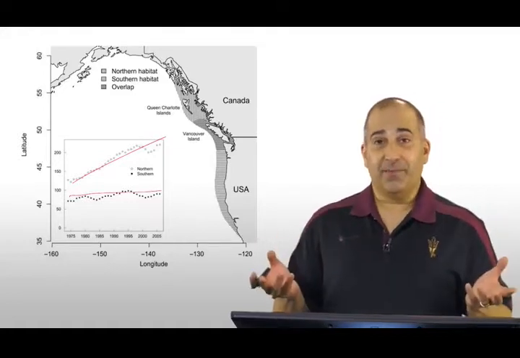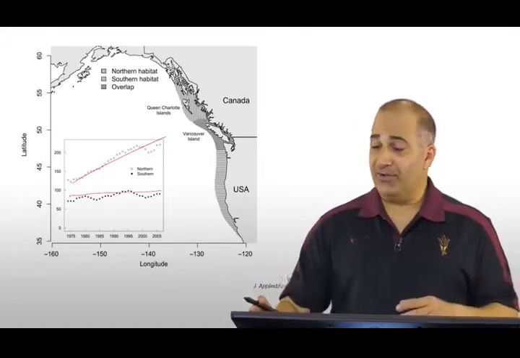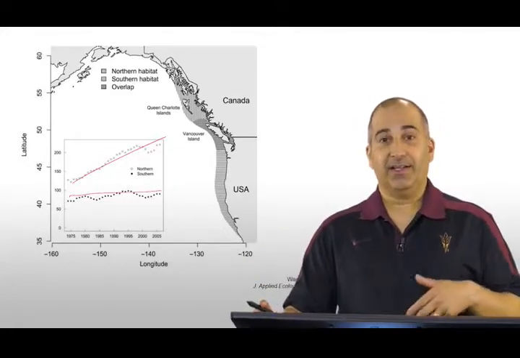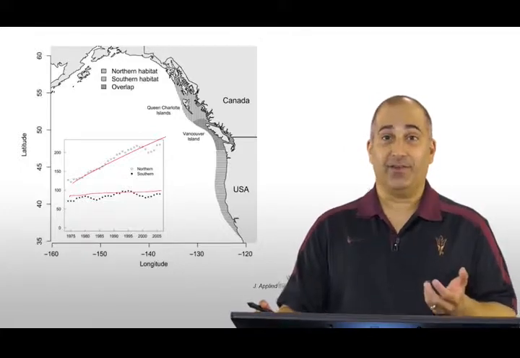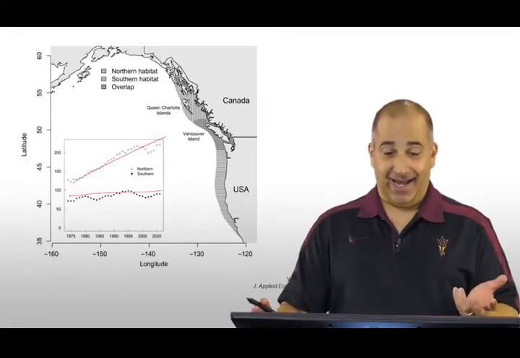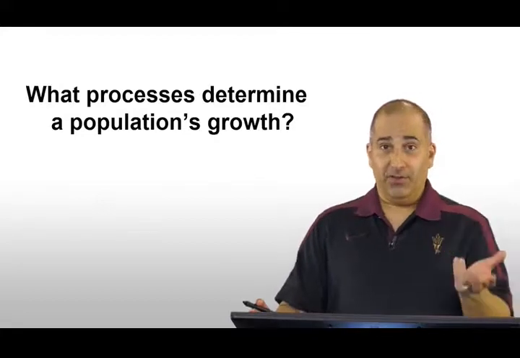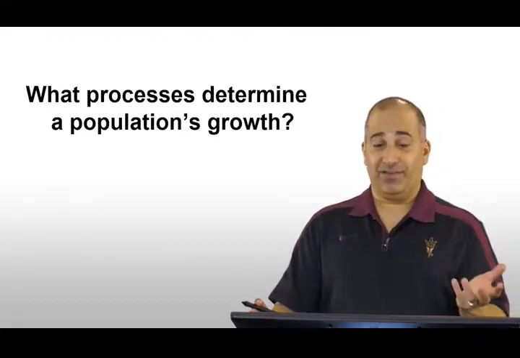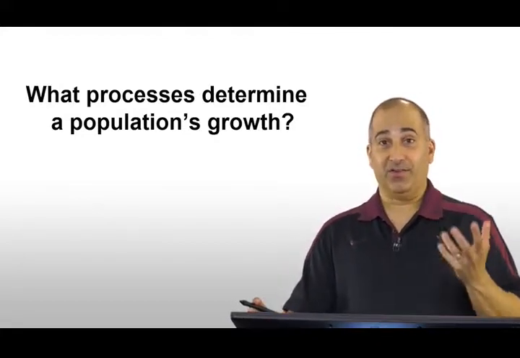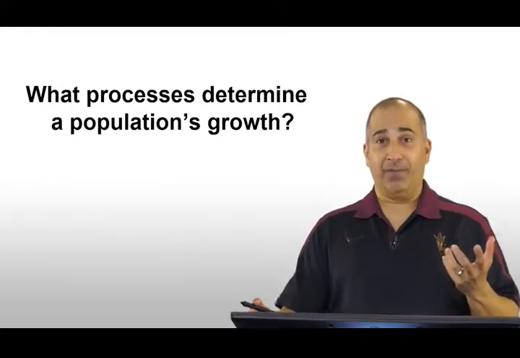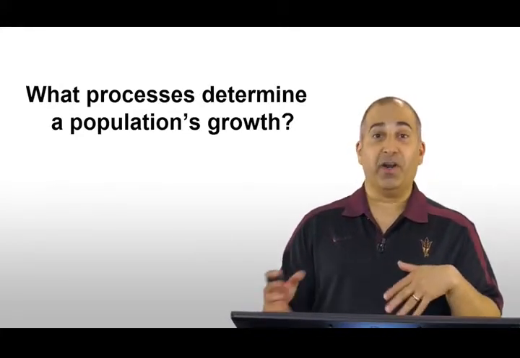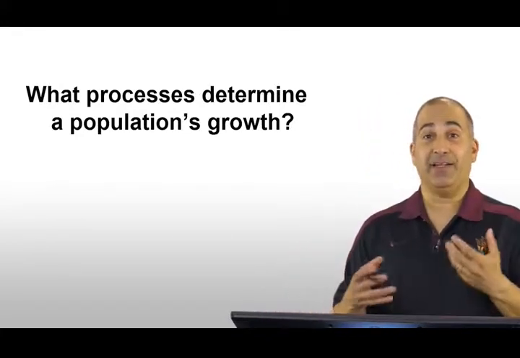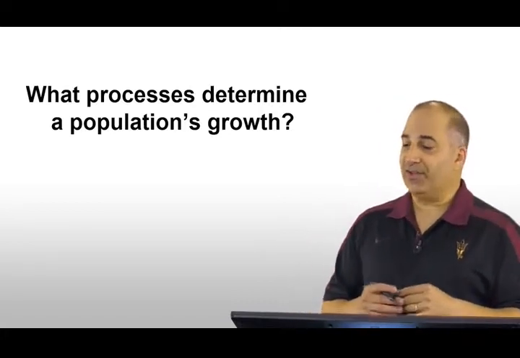So let's start to think about how biologists would gain this kind of information and what kinds of factors they might be looking at. In other words, what processes determine a population's growth? Why do we see that one population is growing and another one is shrinking? What are the things that might be happening differently in these two populations?